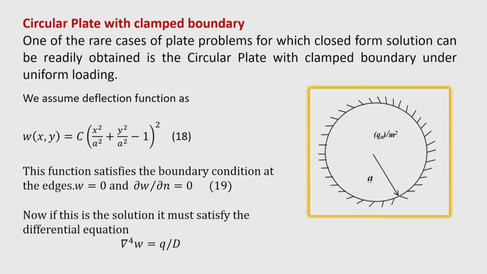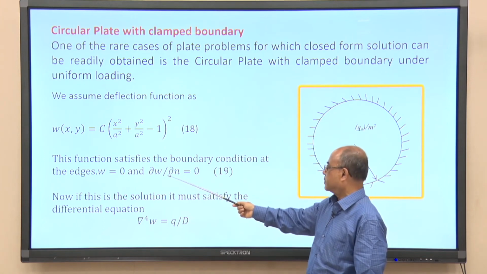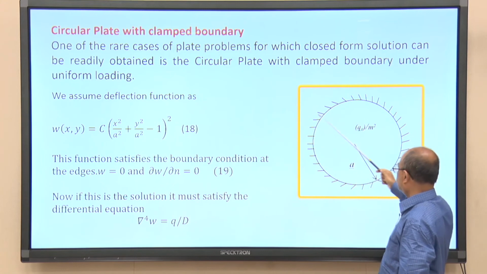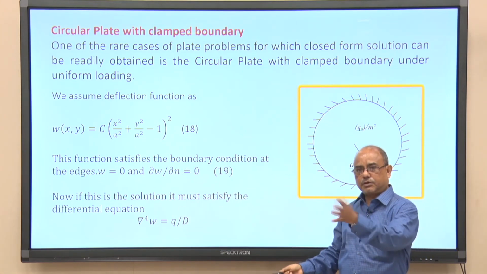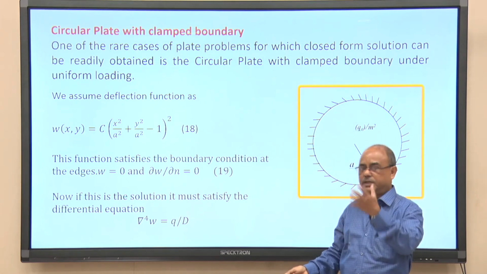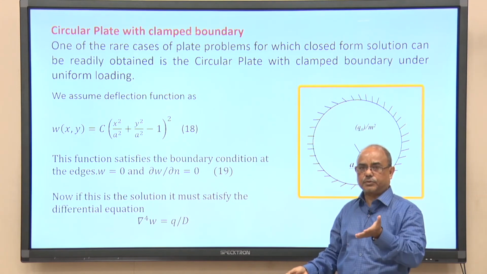At the fixed edges, the deflection is 0 and the slope is 0. Because this is a curved edge, I take the slope with respect to the normal direction del n, and this can be decomposed into Cartesian coordinate slopes also, as we have seen, if the angle of inclination with the original x axis is known.